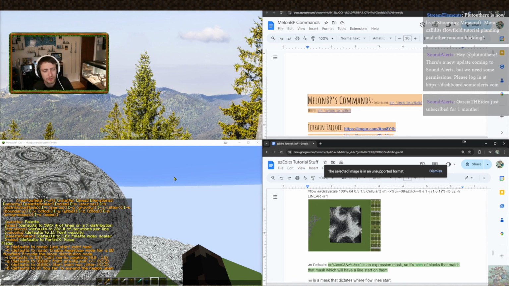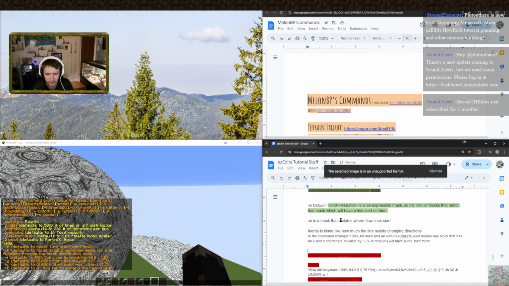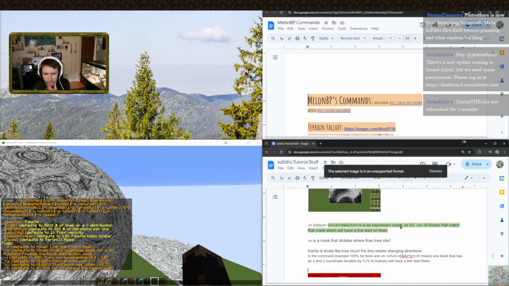Now I've kind of changed course and I'm working on the -m. Oh, wait, no, that's what we wanted to start with anyway. We're good. But yeah, so let me leave all this here. That's important. So it's 100% of blocks that match that mask. Okay, yeah.